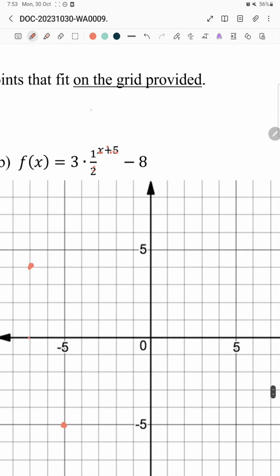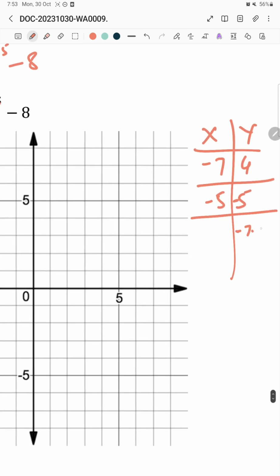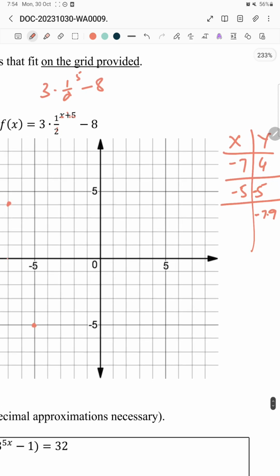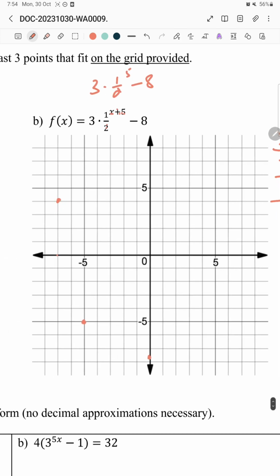Putting x is equal to 0 gives minus 7.9. Putting x is equal to 0. So it is going like this.